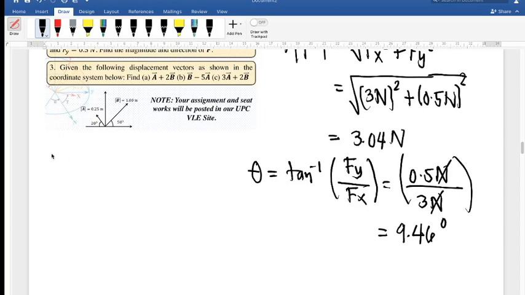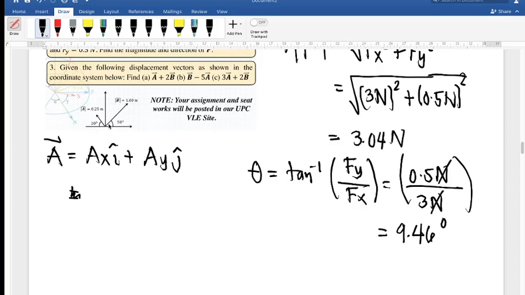Okay, so components of A, we can have Ax i hat plus Ay j hat. Your A has an angle of 20 degrees, pero hindi ito conventional angle.